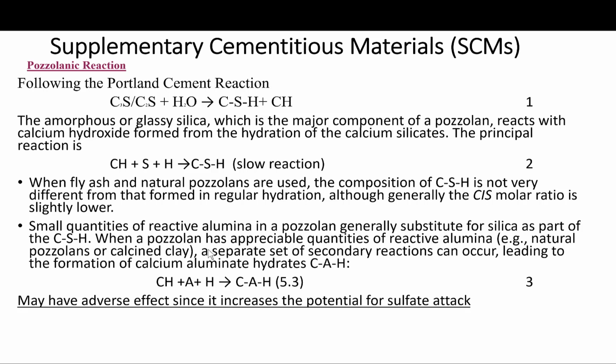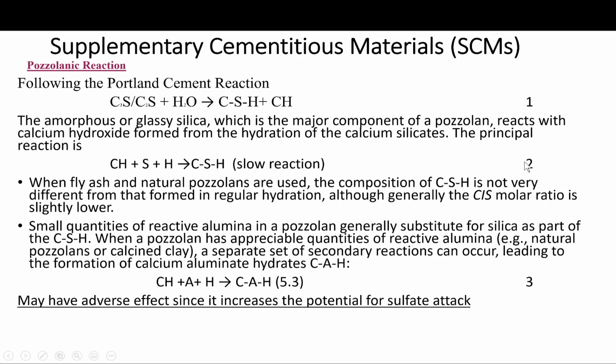The principal reaction in this case is as follows. The calcium hydroxide reacts with that glassy or amorphous silica in the pozzolan in the presence of water, of course, and the result will be a calcium silicate hydrate gel, or calcium silicate hydrate, which again is the product responsible for the strength we get from the concrete.